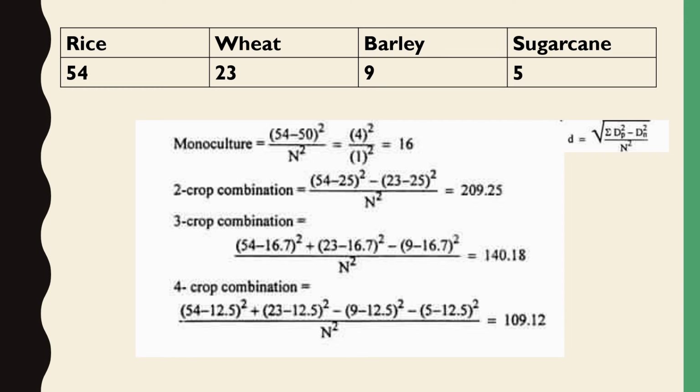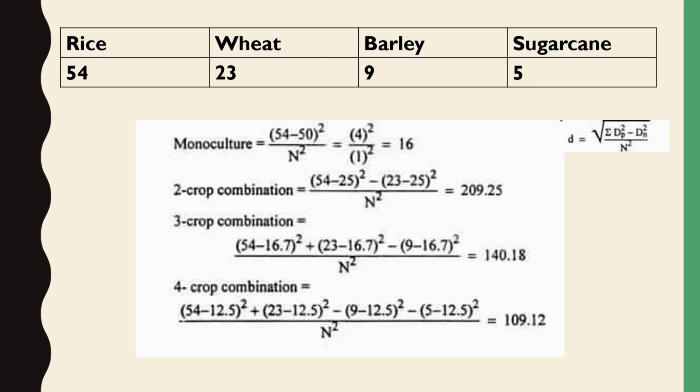In the case of monoculture हम एक्चुअल वैल्यू लेते हैं 54 और मोनोकल्चर का थियोरिटिकल वैल्यू 100 होता है, पर हम यहाँ पे 50 लेंगे. अगर 100 ले तो यहाँ पे जो आंसर आएगी वो माइनस पे आ जाएगी. तो हम यहाँ पे 54 माइनस 50, इसका मतलब 2 क्रॉप कॉम्बिनेशन का थियोरिटिकल वैल्यू से हम माइनस कर देते हैं. 2 क्रॉप कॉम्बिनेशन का क्षेत्र में क्या होगा?